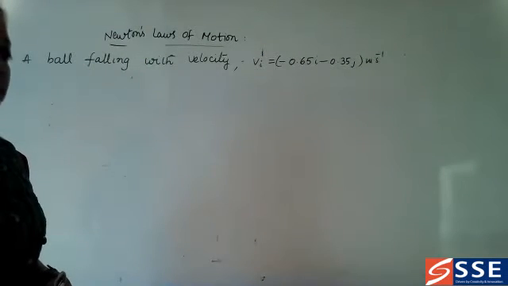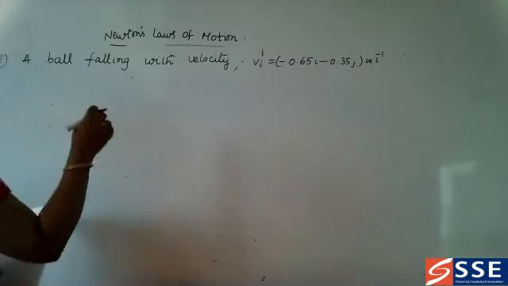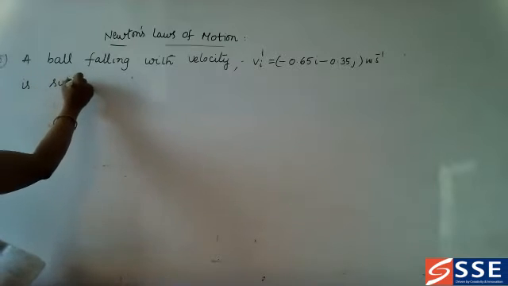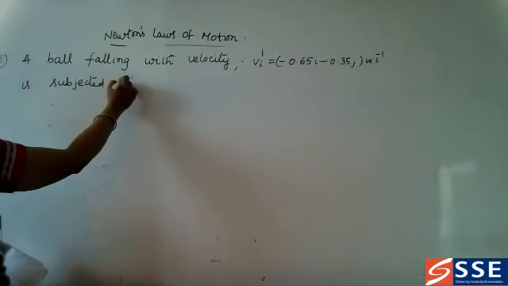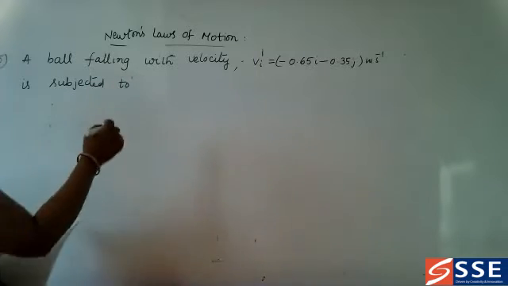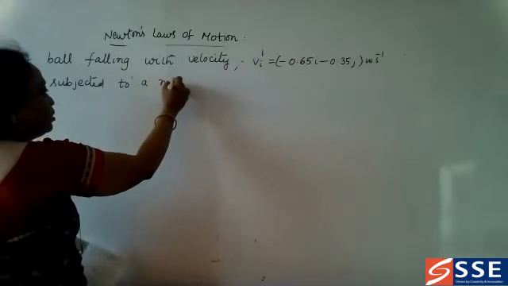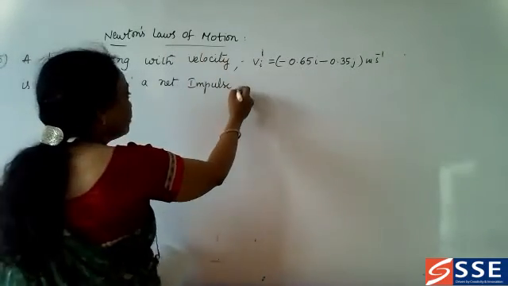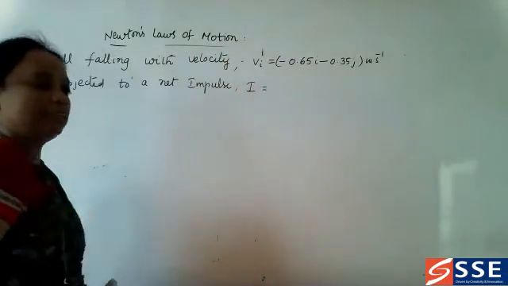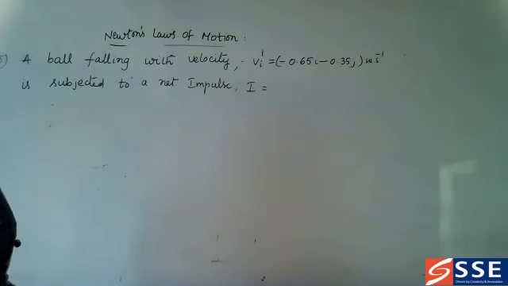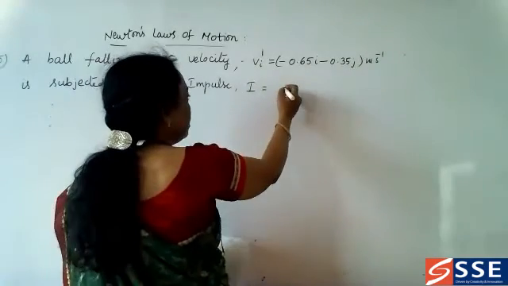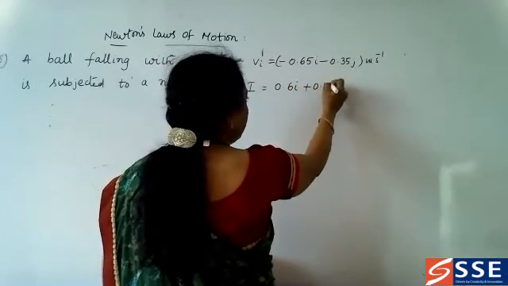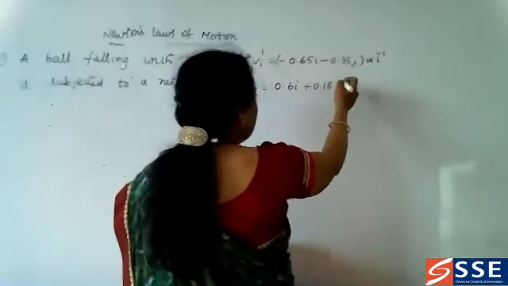So the velocity is given, and the ball is subjected to a net impulse. Impulse I is equal to 0.6 i plus 0.18 j.